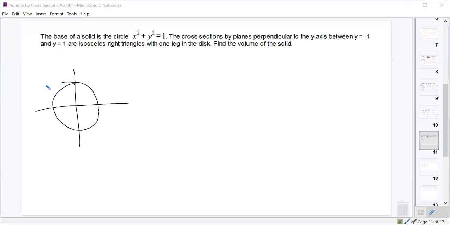Now we have cross sections that are perpendicular to the y-axis that are isosceles right triangles. So that means that I'm going to draw these like this, sticking straight up out of there, but now it's going to lay across this way.